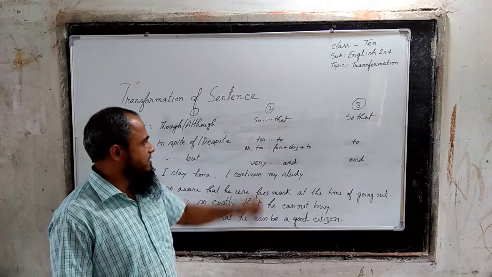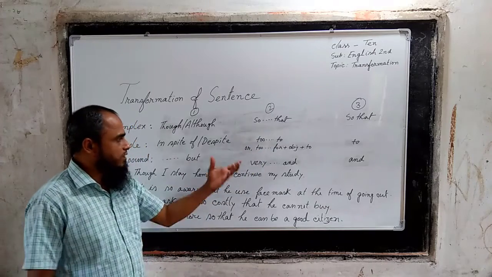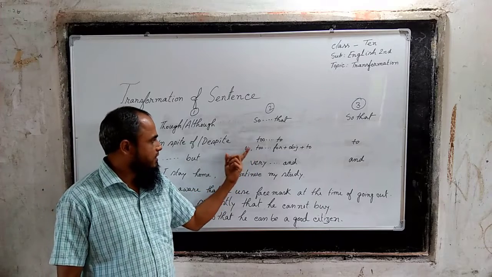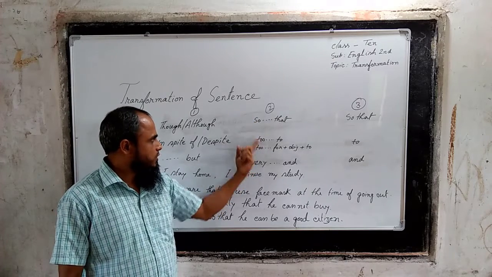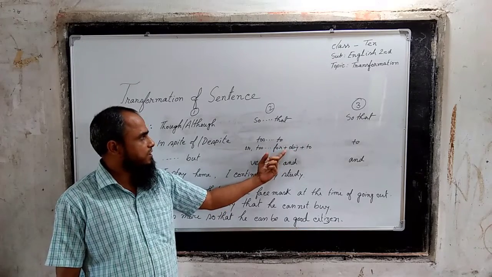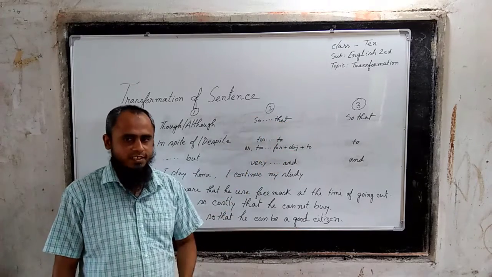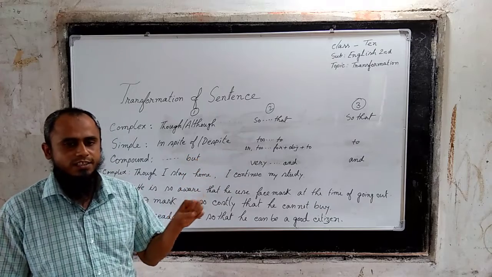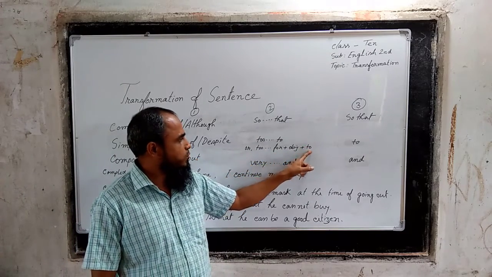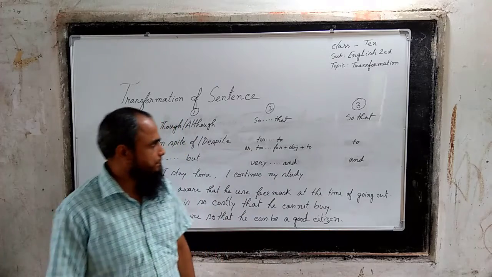And there is another structure here, because if the subject is different then you have to follow this structure. You have to use "too" instead of "so", and after that "for" and the object, that means the object used after "that". So the subject's object will be used after "for", then "to" and the extension of the sentence.